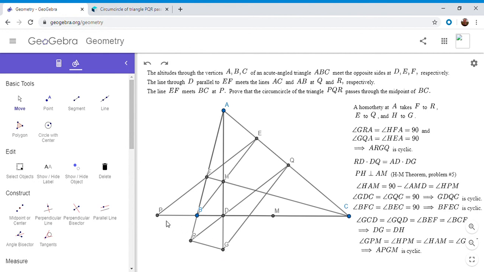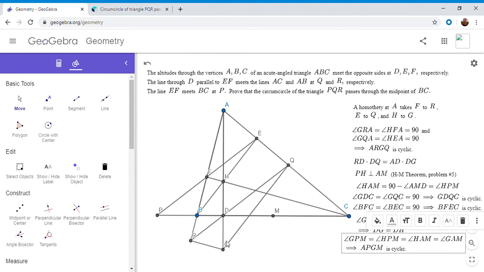So we have angle GPM is angle HPM, and that's because we just showed that since DG is DH and H is a reflection of G over point D, then we have to have GPM is HPM, and then HPM is equal to HAM using our argument with the HM theorem, and then angle HAM is equal to angle GAM, and so we have angle GPM is equal to angle GAM, and so APGM is cyclic.